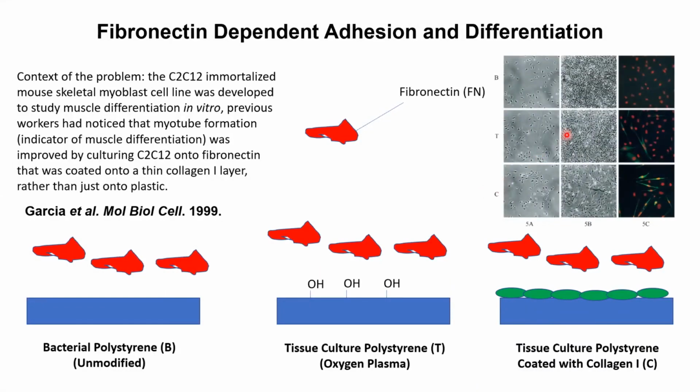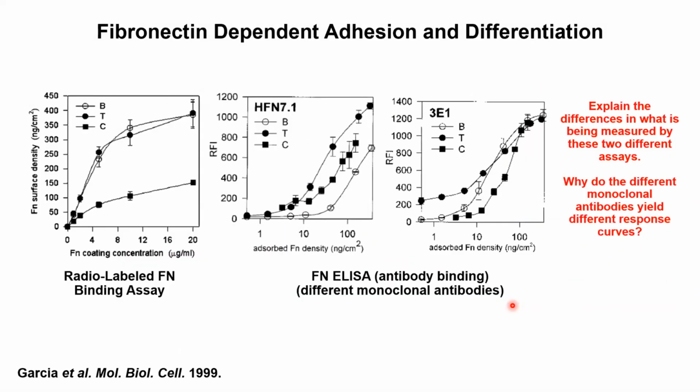You can see the cells can grow just fine on all three of these surfaces, but with the same environmental cues, the induction of the myoblasts into muscle-like tubes is much, much better when you have that priming coat of collagen on the surface. This is some data from Andres Garcia's paper.